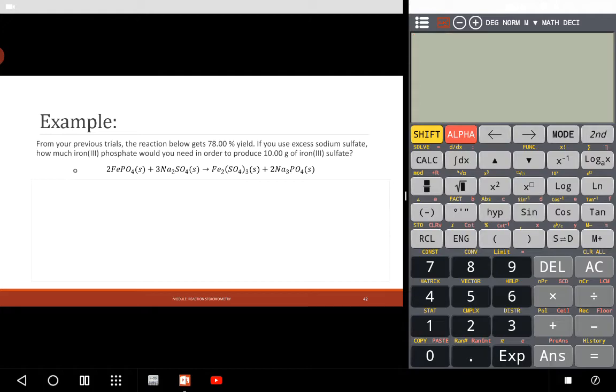Here's another example problem where we are going to be taking our percent yield and then backwards calculating how much reactant we would need to start with. This one reads, from your previous trials, the reaction below gets 78% yield. If you use excess sodium sulfate, so this one is an excess, how much iron 3 phosphate would you need in order to produce 10 grams of iron 3 sulfate?